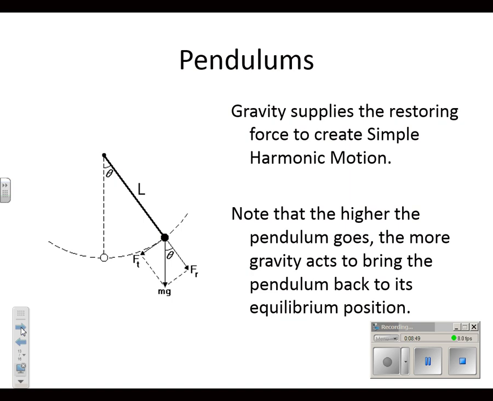equilibrium position. So I don't really like how this is listed. I think this is more your restoring force, and this is your tension force, and then you have your gravitational force. So we're going to be dealing with some angles again, and we're going to be able to look at equivalent triangles.